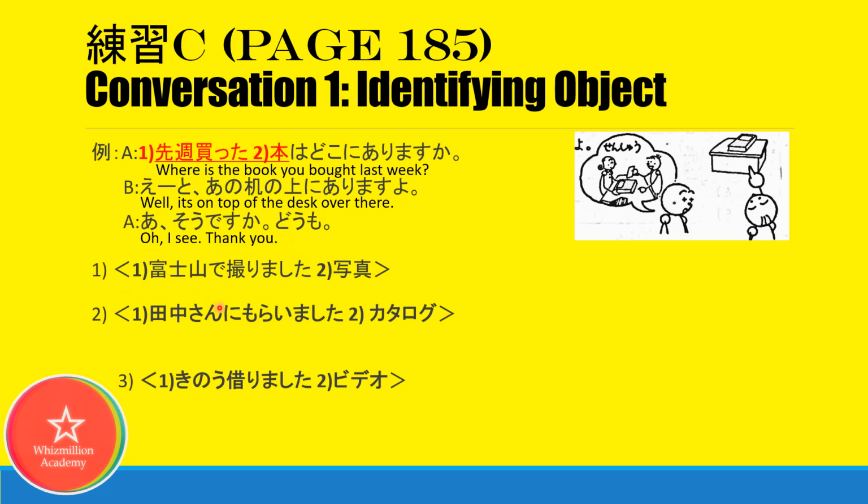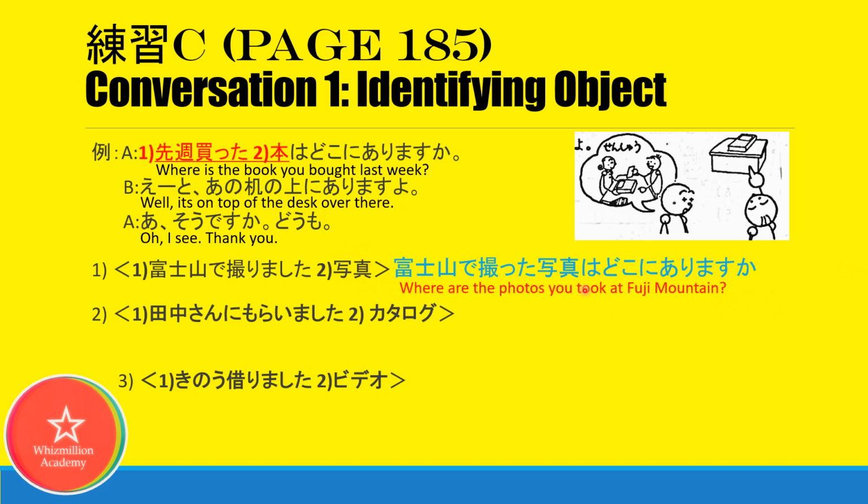Question 1. 富士山で撮りました。写真。So, we are supposed to modify this noun here. So, 富士山で撮った写真はどこにありますか? Where are the photos you took at Mount Fuji? Question number 2. 田中さんにもらいました。カタログ。田中さんにもらったカタログはどこにありますか?